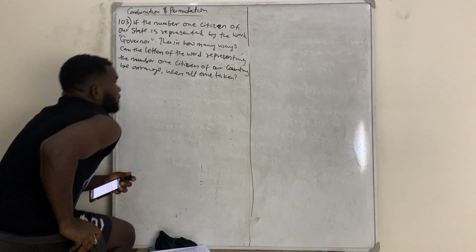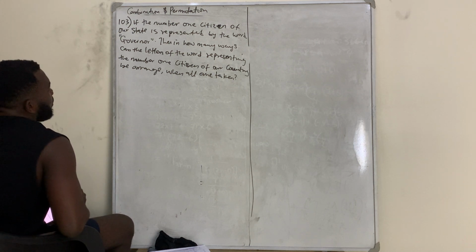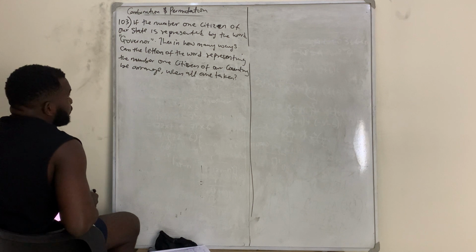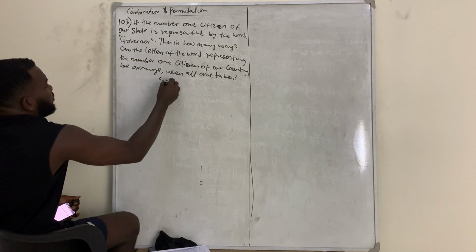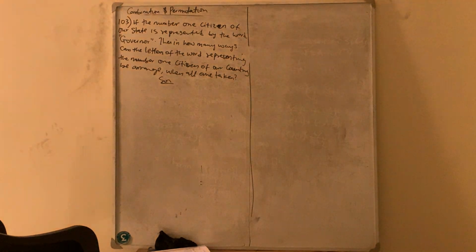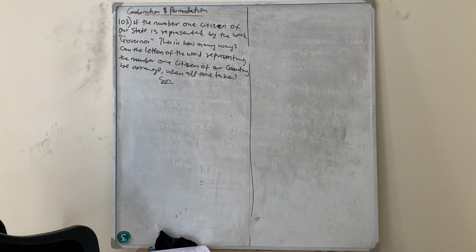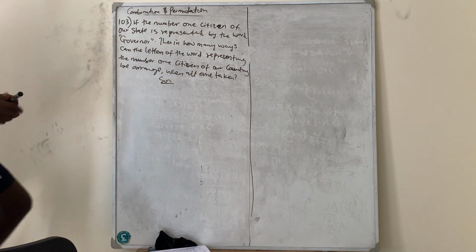Okay, so now they say that if the number one citizen of our state is represented by the word governor, then in how many ways can the number one citizen of our country be arranged? So now the number one citizen of our country is called the president.